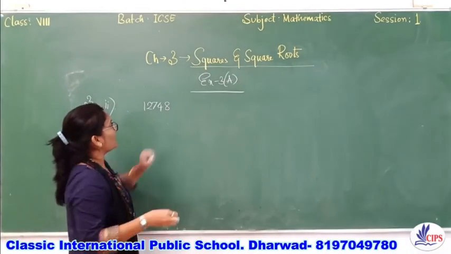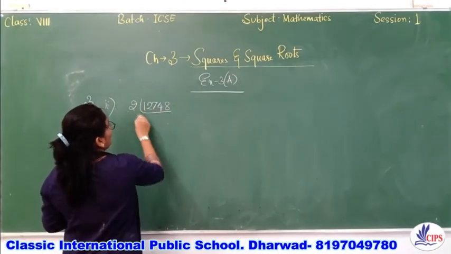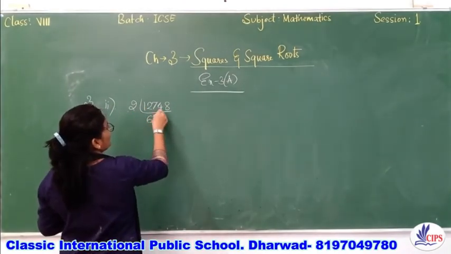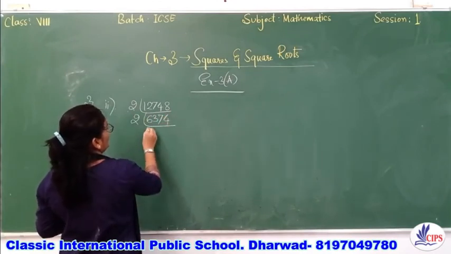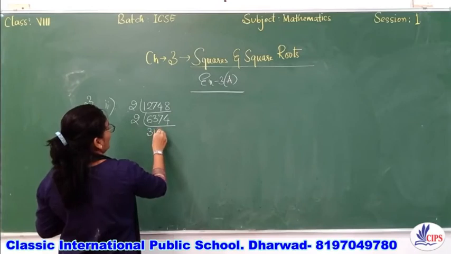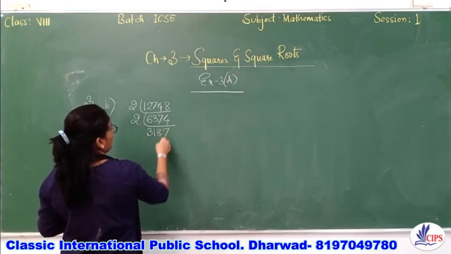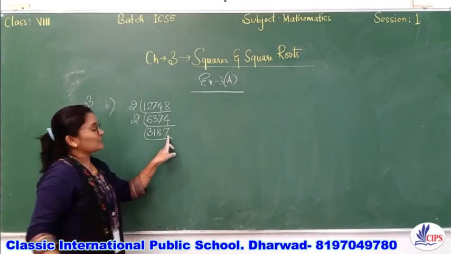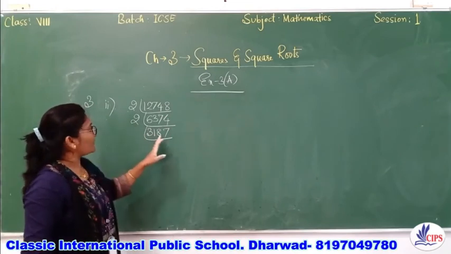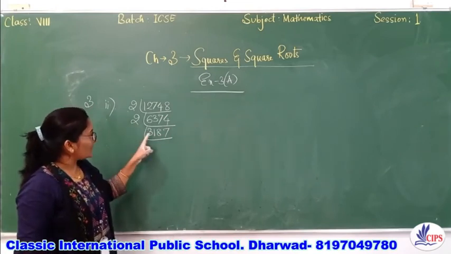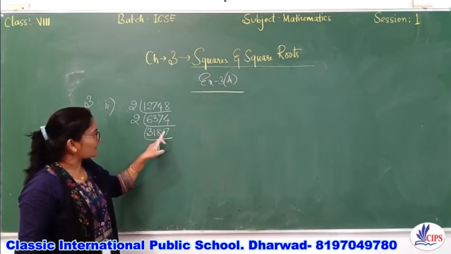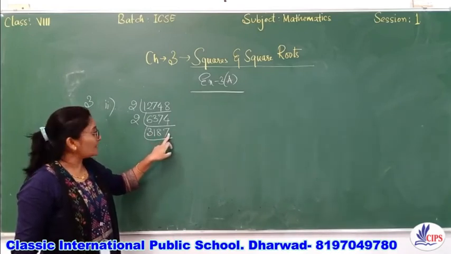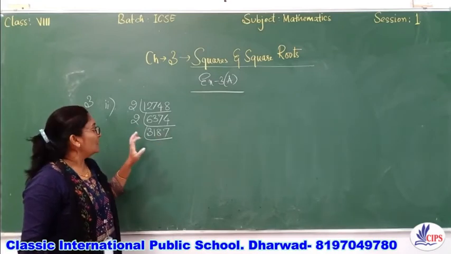As it is an even number, it is divisible by 2. So 2 6s are 12, 2 3s are 6, 2 7s are 14 and 2 4s are 8. Again it's divisible by 2: 2 3s are 6, 2 1s are 2, 2 8s are 16 and 2 7s are 14. Now as it ends with 7, it's not divisible by 2. Check whether it's divisible by 3. So 3 plus 1 is 4, 4 plus 4 plus 8 is 12, 12 plus 7 is 19.